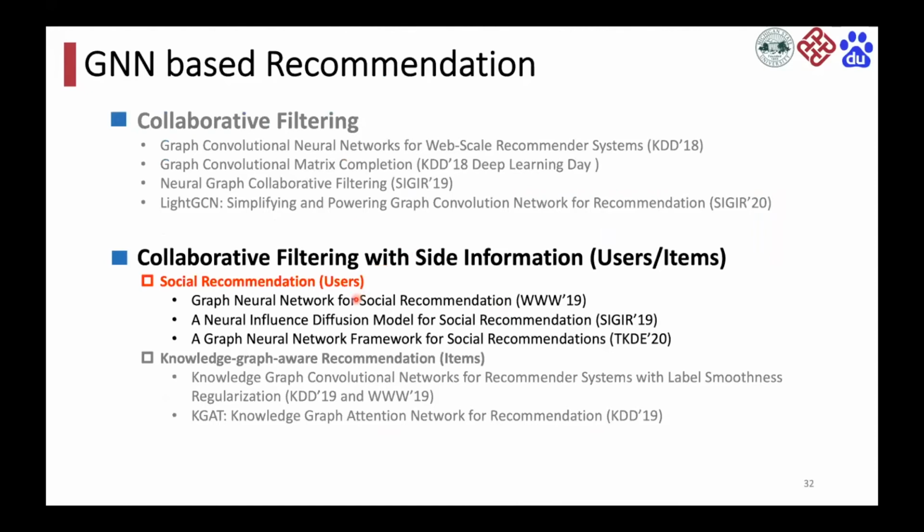While in real-world recommendation scenarios, there is actually not just the user-item interaction. There actually exists lots of other information about the users, especially on the social network side. We can have social relations, and this kind of social relation is very helpful for the recommendation task, especially in the case of sparsity and cold-start users or items.